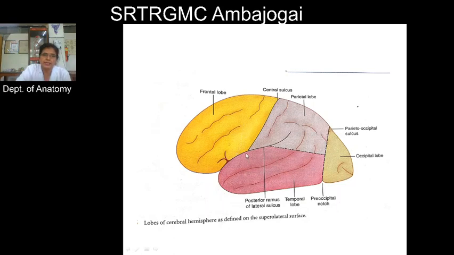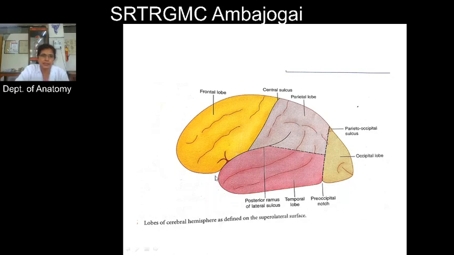Now the lateral sulcus begins on the inferior surface, which it divides into the orbital part and the tentorial part. After it starts, the stem of that lateral sulcus lies on the inferior surface.